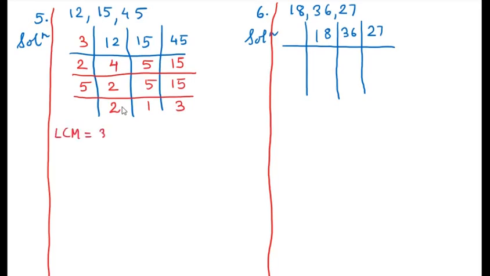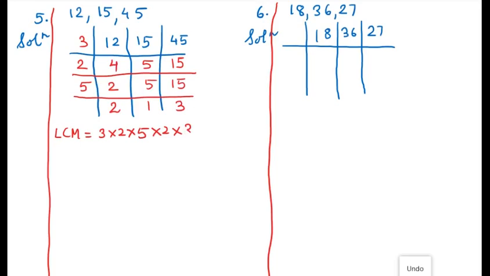LCM is equals to 3 into 2 into 5 into 2 into 1 into 3. Okay. If you don't write this 1, then it's okay. So no need to write 1. We will just write directly 3.